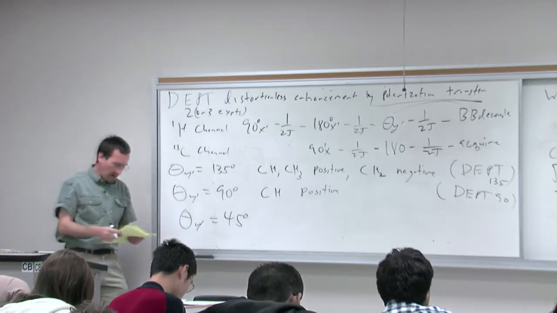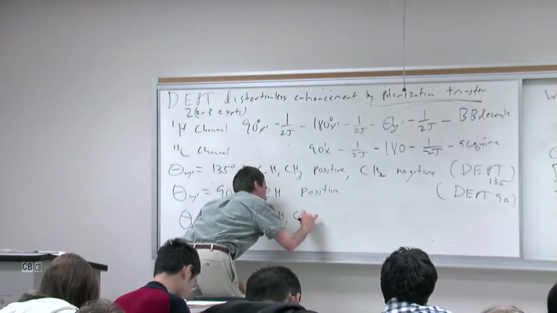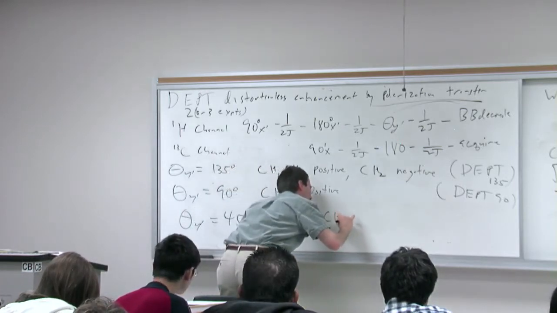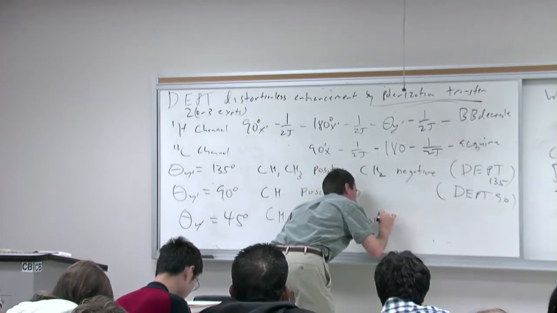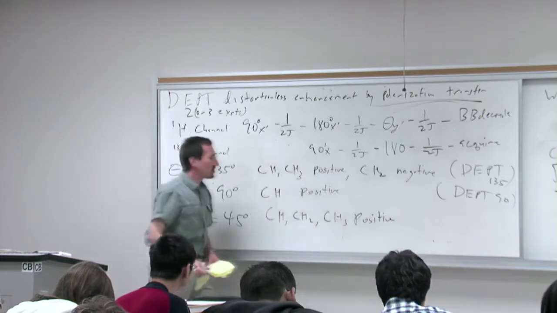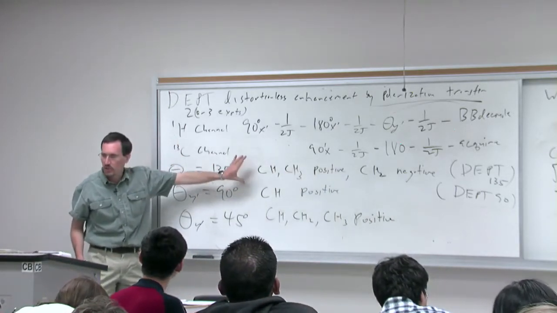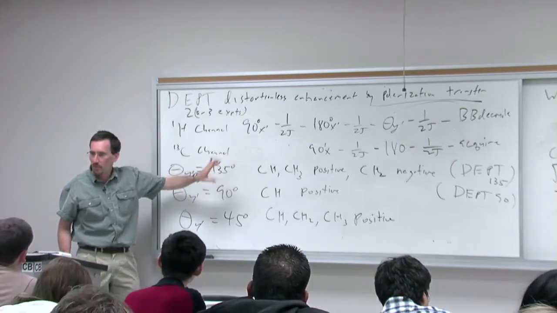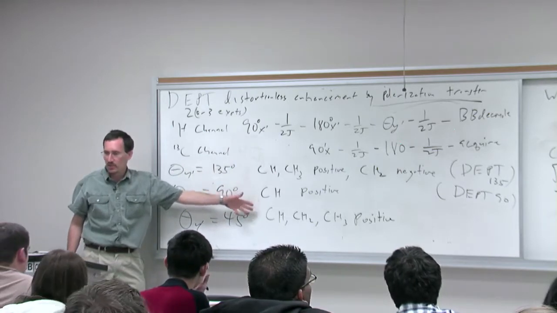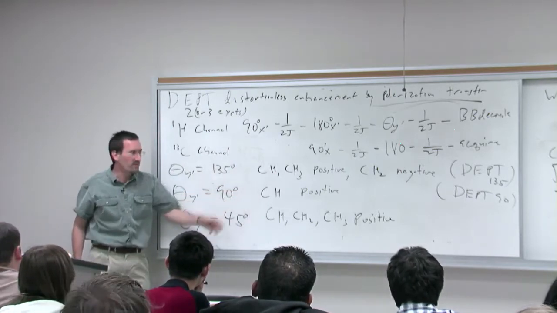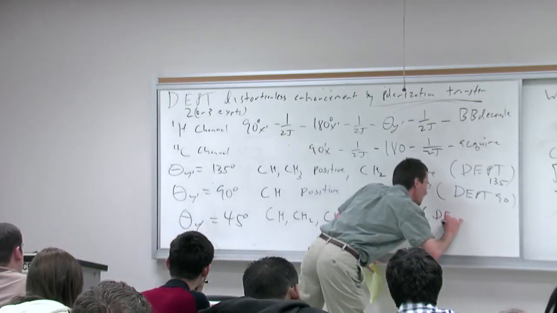And in that experiment, you end up with your CHs, CH2s, and CH3s all positive. And you look at that and you say, what's there to gain? Because all of that information in the DEPT 90 and the DEPT 135 is redundant with the information in the DEPT 45, or to put it another way, the DEPT 45 is redundant.